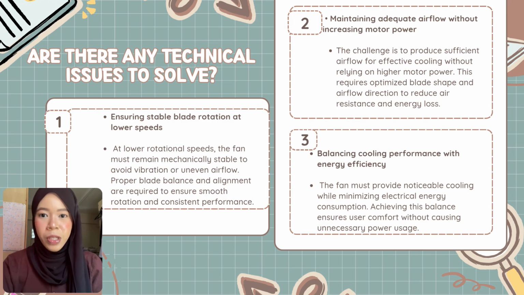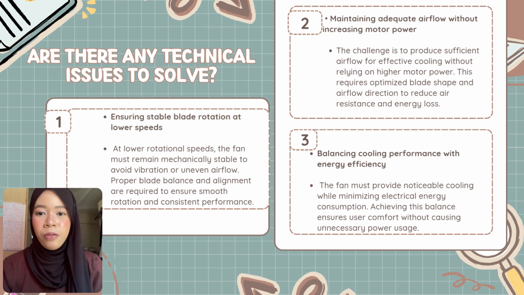First, the fan must remain stable when operating at lower rotational speed to avoid vibration and uneven airflow. This requires proper blade balance and accurate alignment to ensure smooth and consistent rotation. Second, the fan needs to maintain adequate airflow without increasing motor power.